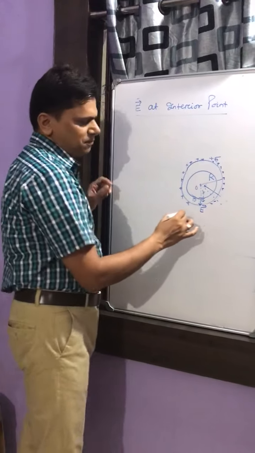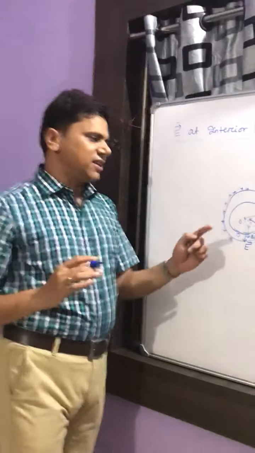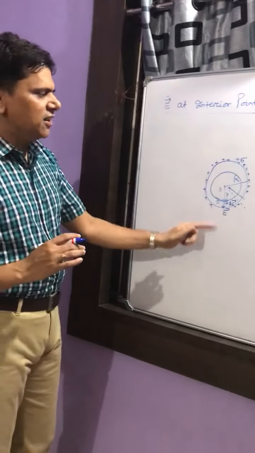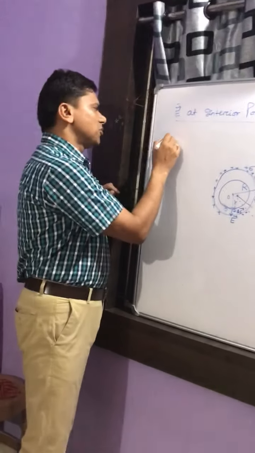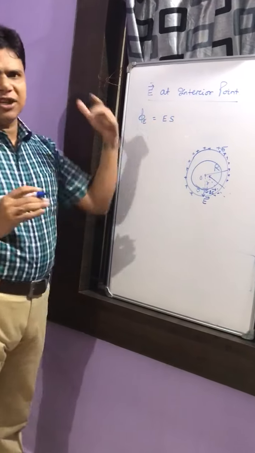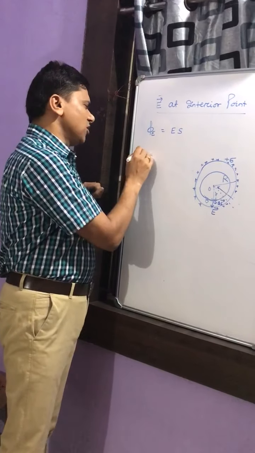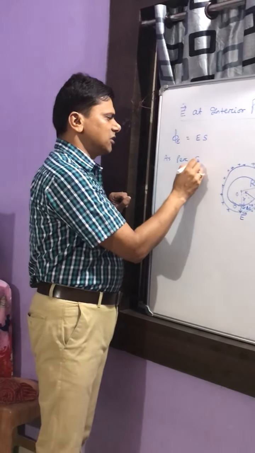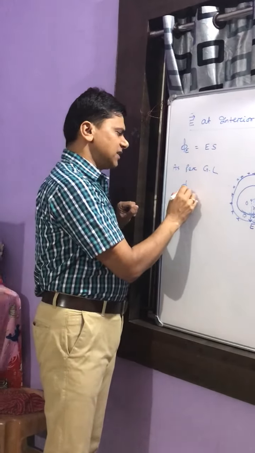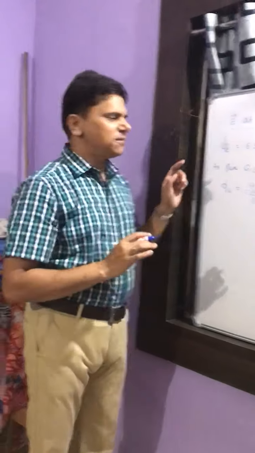Here, if we do the same thing, the electric field will be outward, and if you take a small area element vector delta S, it will also be outward. So the total flux linked will again be E into S, as we calculated in the previous case. As per Gauss law, this total flux linked will be the charge inside the Gaussian surface divided by epsilon 0.